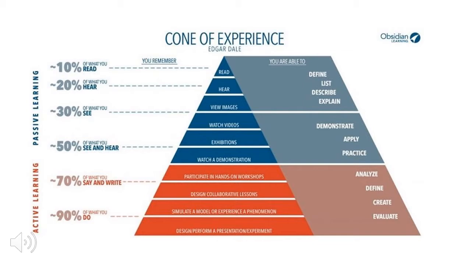If we focus on passive learning only, then only 10% of the information that we deliver will be remembered by the student. But if we allow them to experience something, to experiment, then about 70 to 90% of what we have taught in the class will be stored and remembered in their memory.